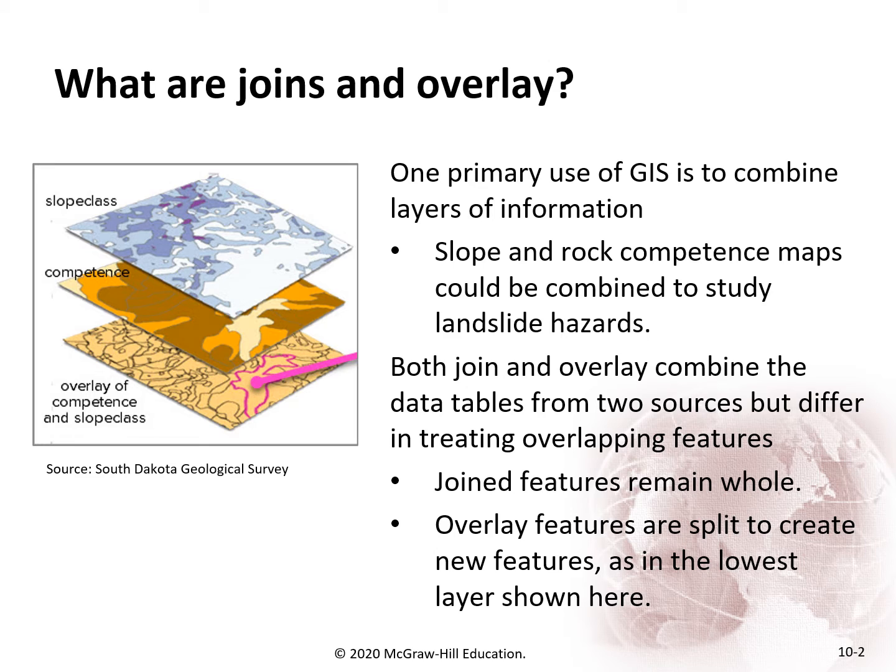We know that certain types of rocks and certain types of slopes lend themselves towards landslides, but we don't have a map of where landslides could occur. So by using joins and overlays, we can combine these two sets of information and basically create new knowledge. That new knowledge being, in this example, that overlay layer that has both bits of information.